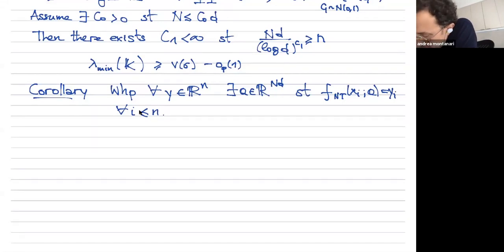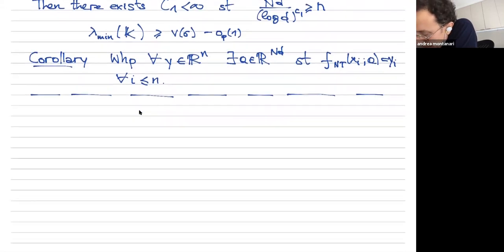Okay, so this is about the first two questions, that is where the phase transition is, and whether such interpolators can be found efficiently. There is a third question that is interesting from a statistical point of view, the one of generalization or test error.